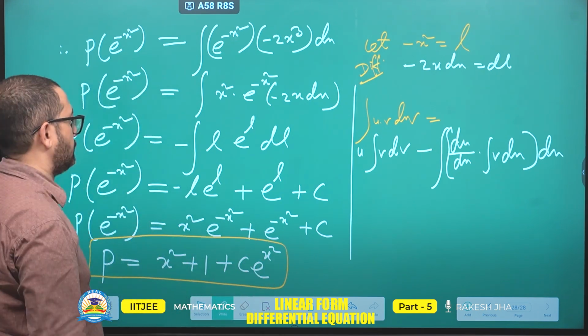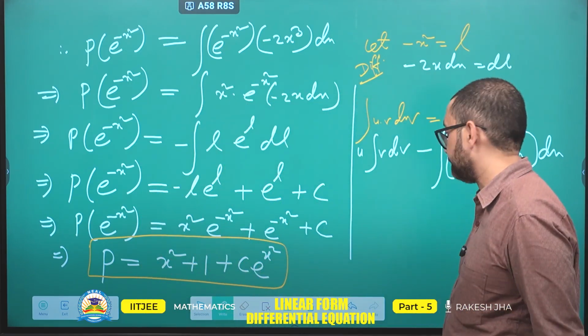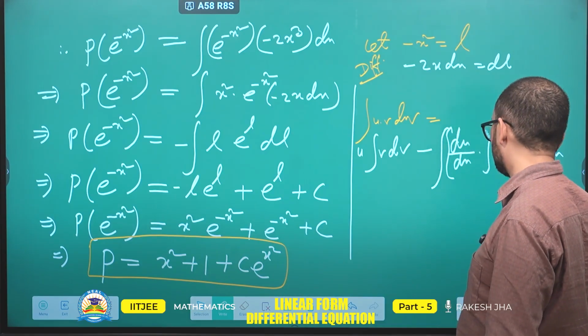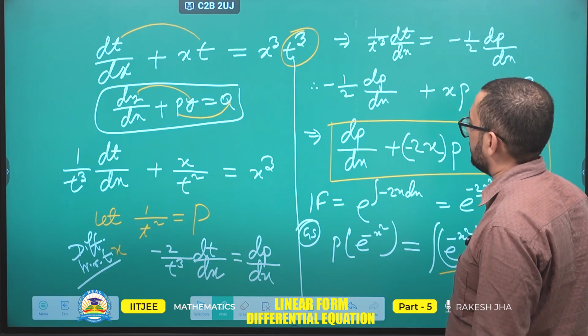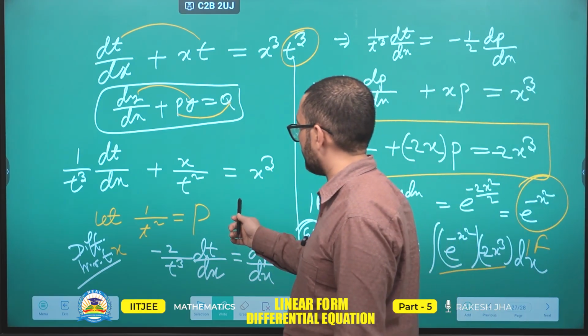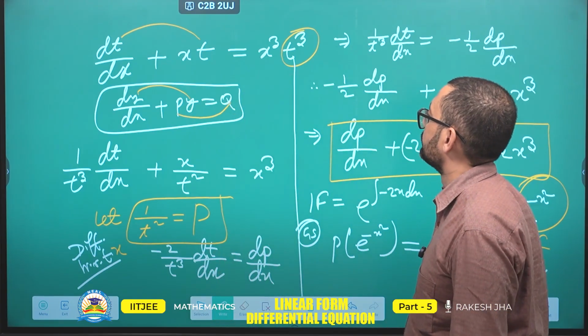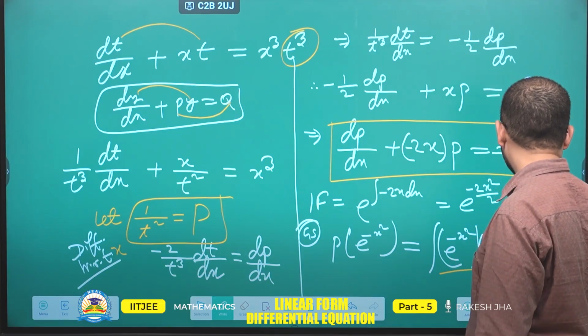Still we have to return the value of p again. So p, what is p? Let's see what p we have assumed in the beginning. So p is nothing but 1 by t square.